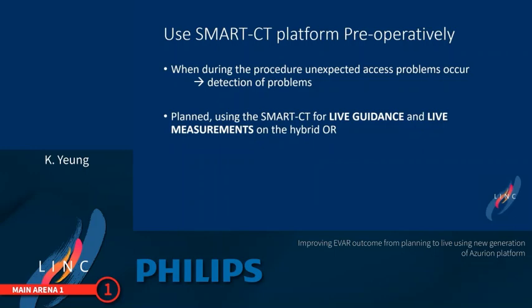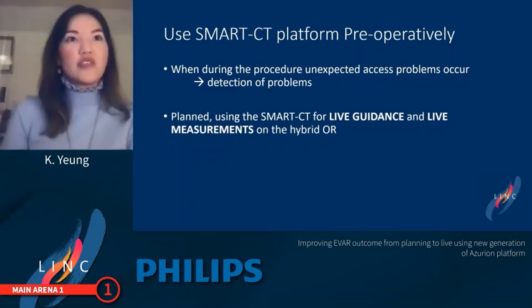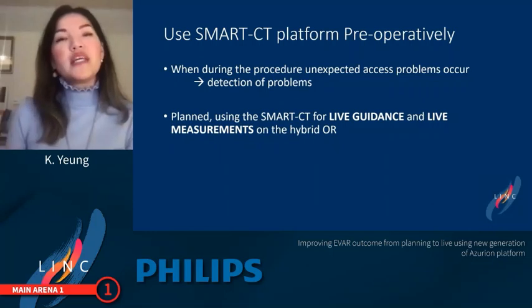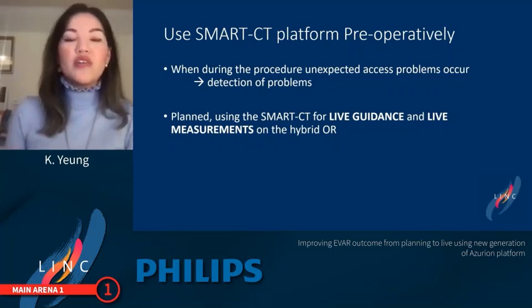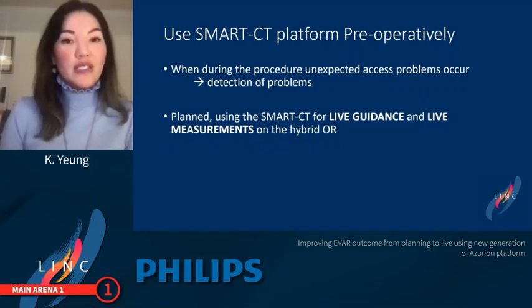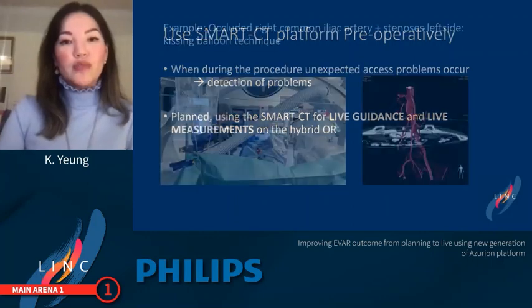You can also plan it because you want to use a Smart CT for live guidance, because a CT made with the patient breathing and in another room is always different from a CT made on your table side. So you can also use a Smart CT for live guidance and live measurements in the hybrid room.